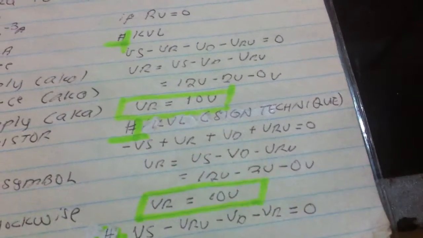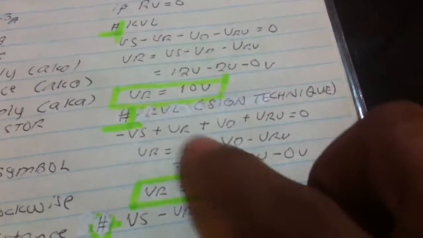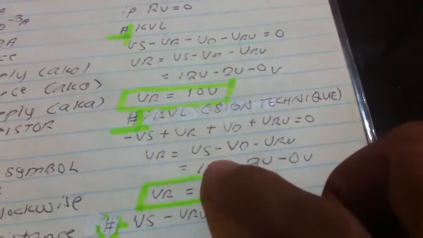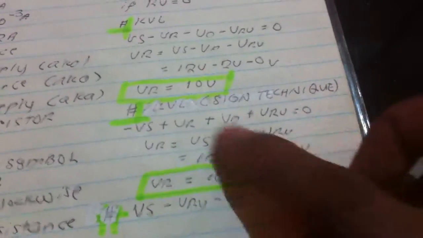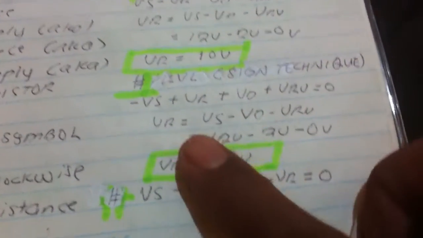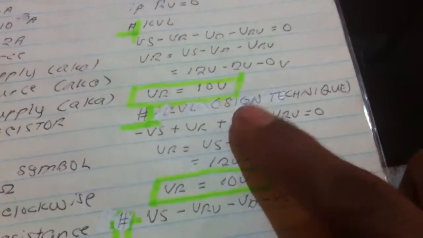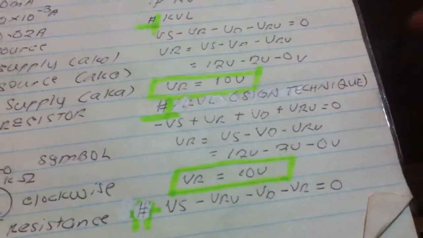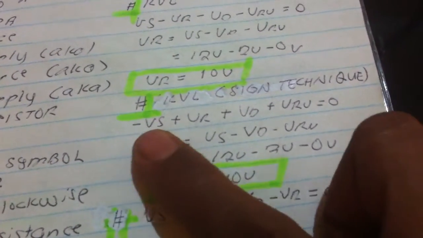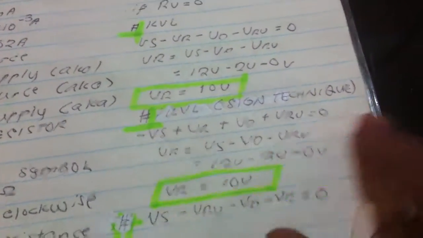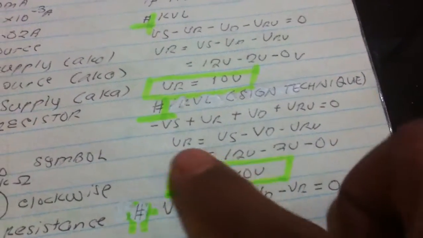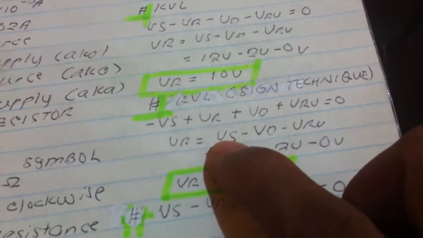That is KVL. By using a mathematical equation, transposition to the left and to the right, we also have this equation. Negative transposing to the right becomes positive. Positive transposing to the left becomes negative. But here, we're just transposing VS to the left, to the right becomes plus.